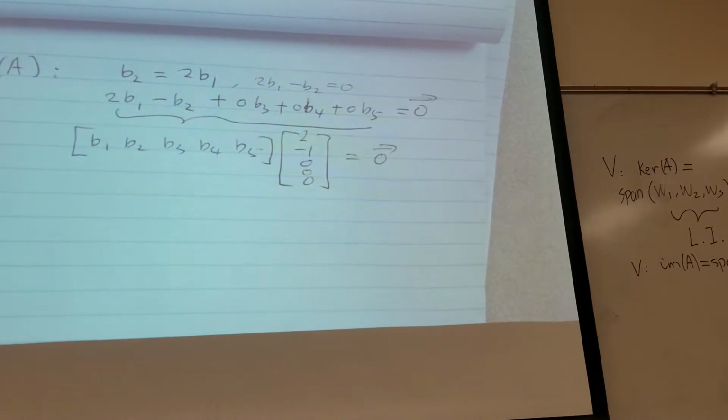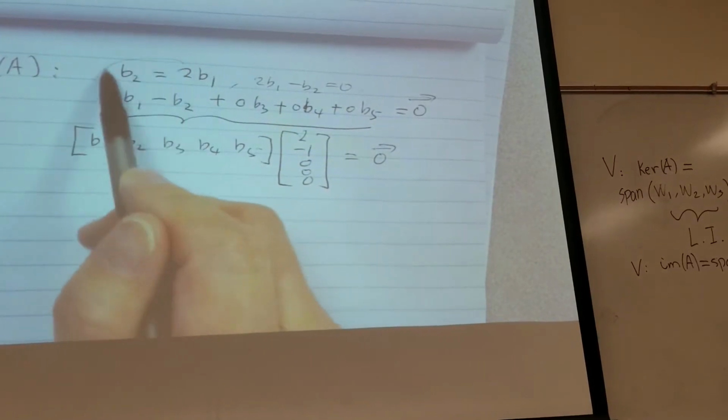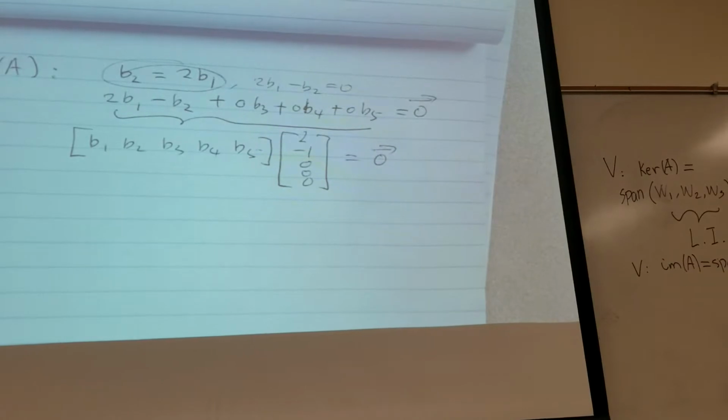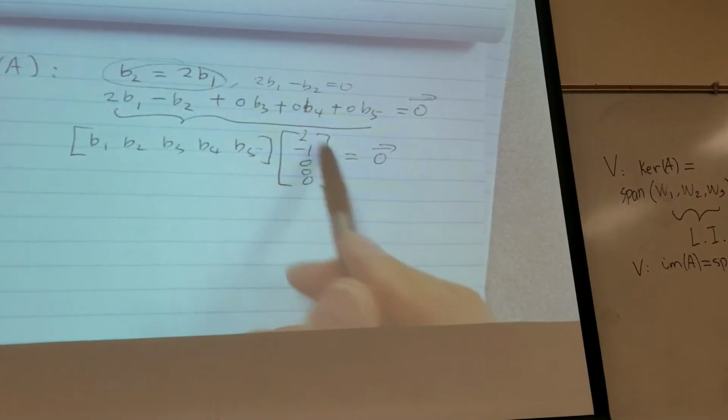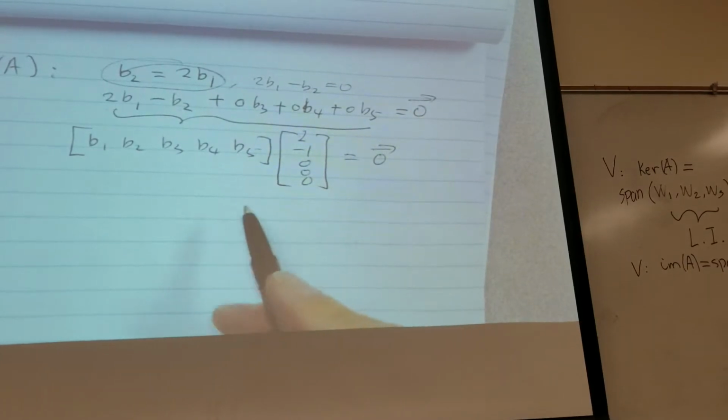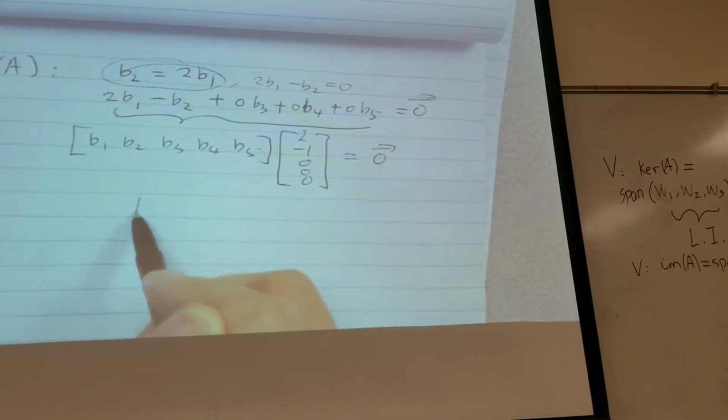Okay. So I'm just rewriting this, putting everything on the same side. And then I find the coefficients of B1, B2, B3, B4, B5. That is the column vector. So what have I found?